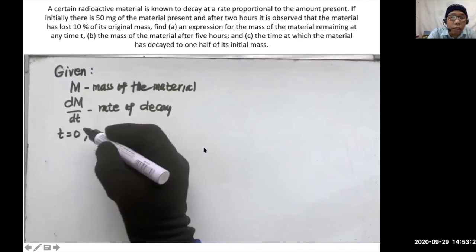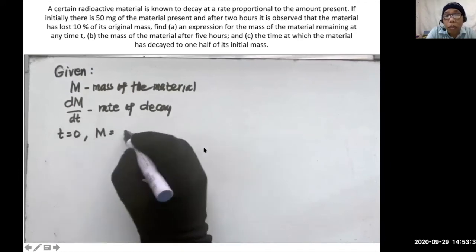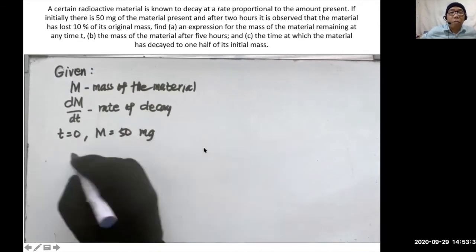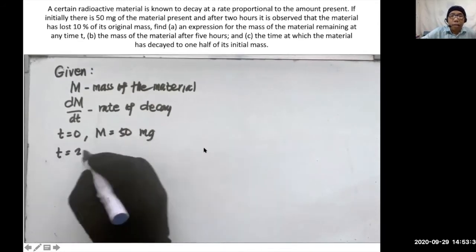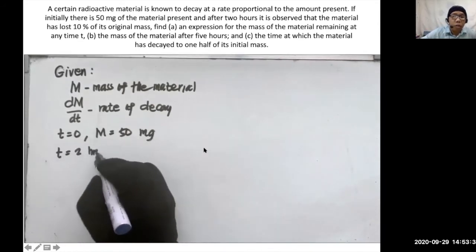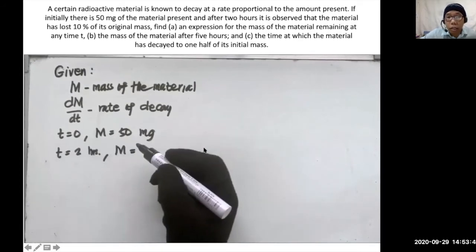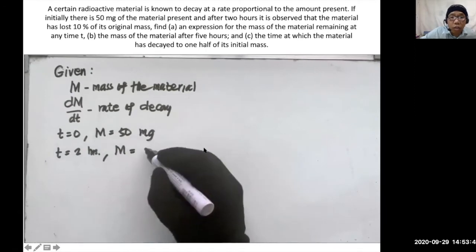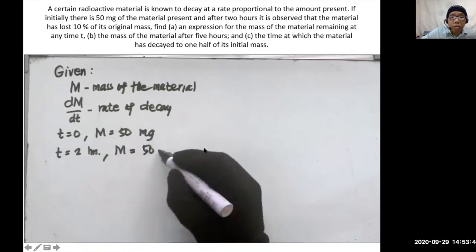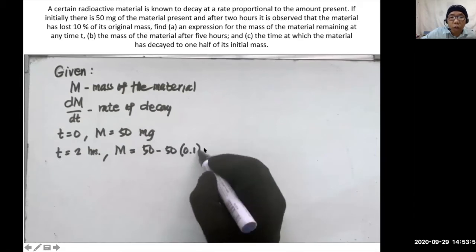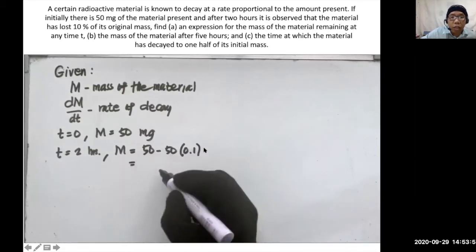So initially it says that at time equal to 0, the mass of the radioactive material is 50 milligrams. Now it says that after 2 hours, the mass of the material has lost 10%. So it means that we are to subtract 10% from 50. So 50 times 0.1, that's 10%, and then subtract it from 50.